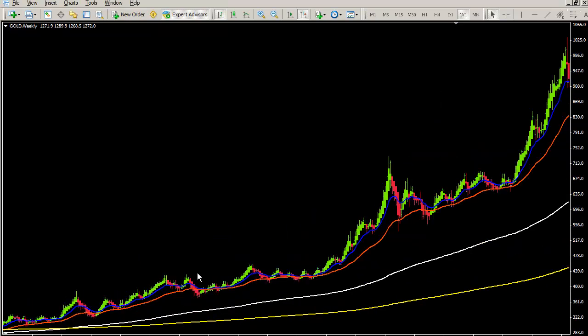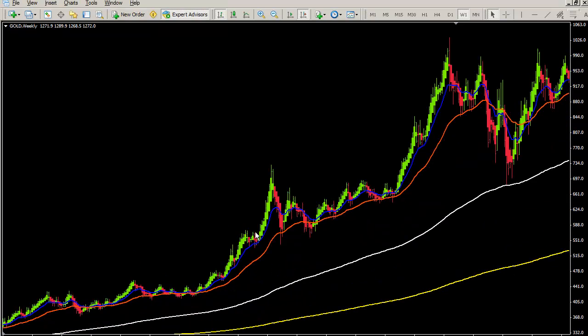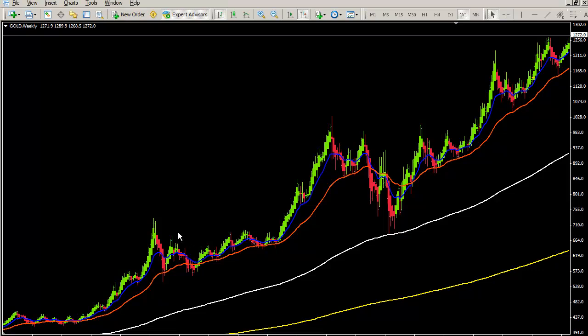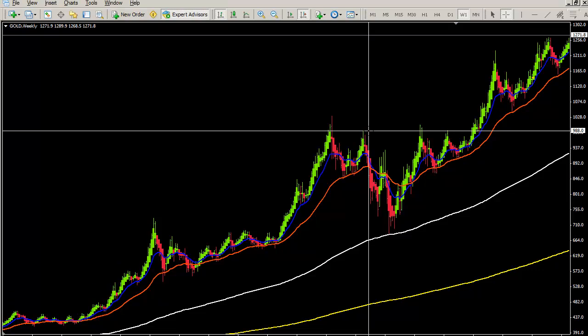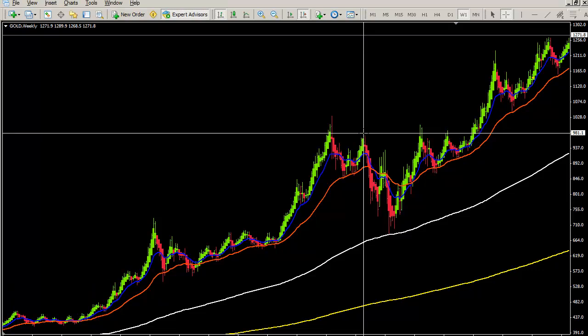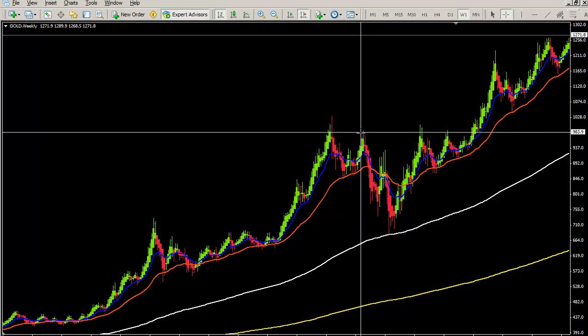It's going up and up for years. It's going up, okay? And then suddenly, after what, 8 years, the price created a lower high. It's nothing unusual.